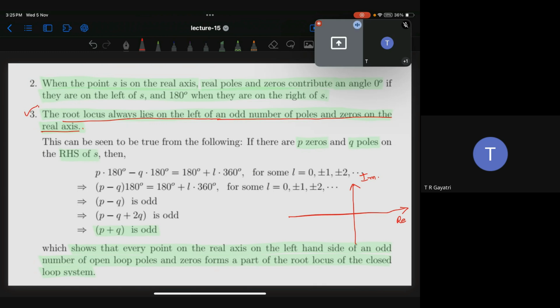You want to check which part of the real axis is in the root locus. What you need to do is check from the right side and see how many poles and zeros are there on the left. The root locus always exists on the left of an odd number of poles and zeros. This is the rule we need to follow when finding the real axis part of the root locus. We'll see it in an example quickly.